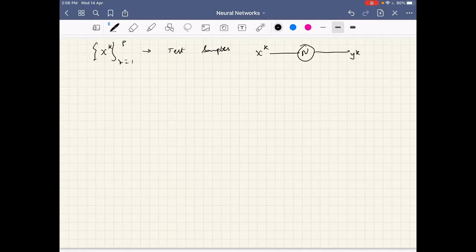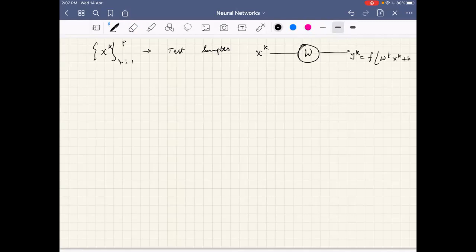The learned neuron will have the weight vector with it. So yk is equal to f of W transpose xk plus b.